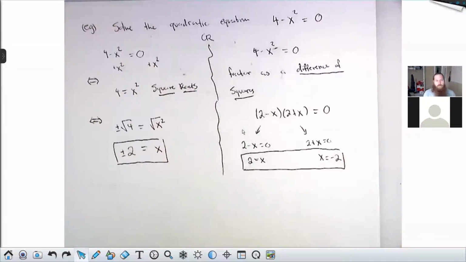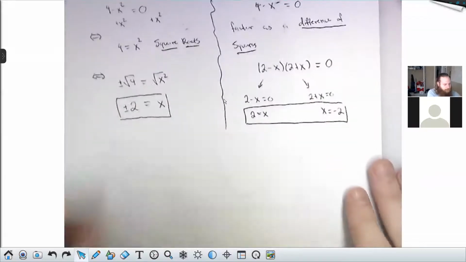So when can you use the method of square roots versus the method of factoring? What's special about this particular equation that allows us to use the square roots method? Well, let's look at another problem.